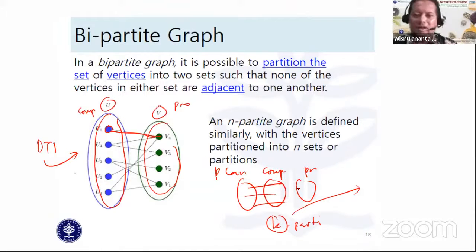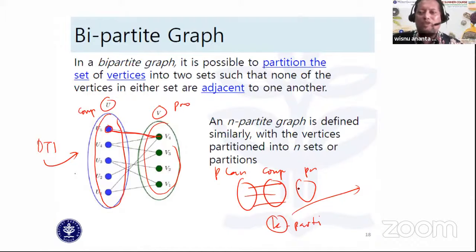For example, if plant, compound, and protein, we can call it a 3-partite graph. If we have a relation between plant, compound, protein, and disease, we have a 4-partite graph, like this.